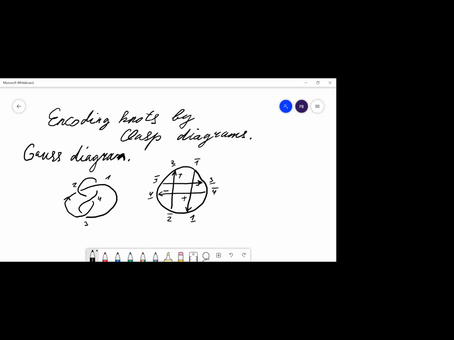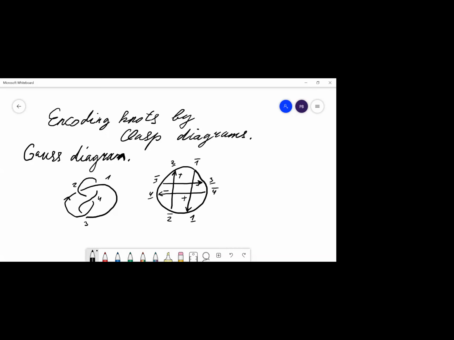And so today we're going to discuss a different approach, Clasp diagrams, that we're going to define in a few moments. While Gauss diagrams are defined by crossings, Clasp diagrams are more attuned to braids, because every crossing can be seen as an elementary braid, and every pure braid is a product of full twists.